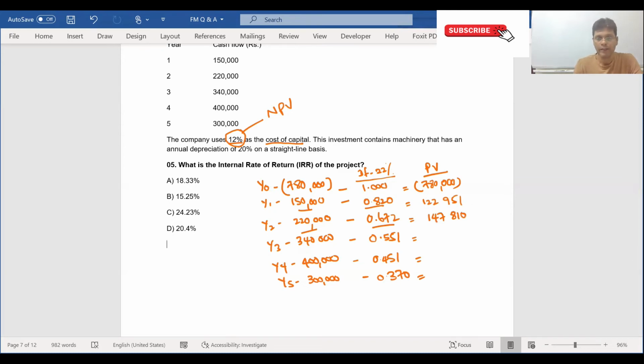Then 340,000 times 0.551 will give you 187,240. The other one is 180,560. And the last one will be 111,000.